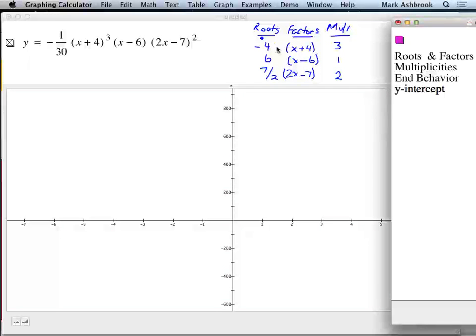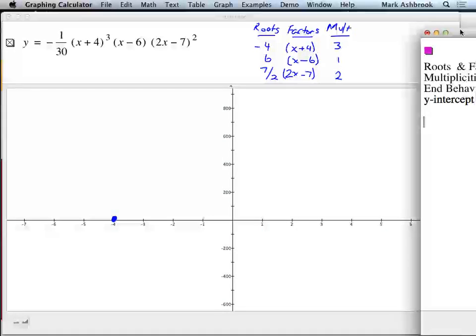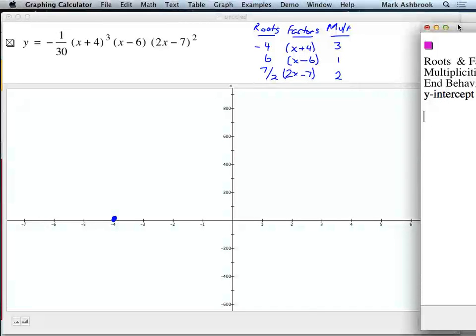Okay, tell me. So what? Like negative 4, like here? To the left. This one? Okay, and then 6. And where else? 3.5.